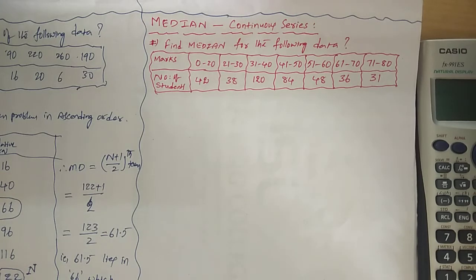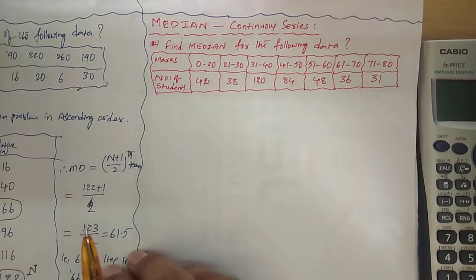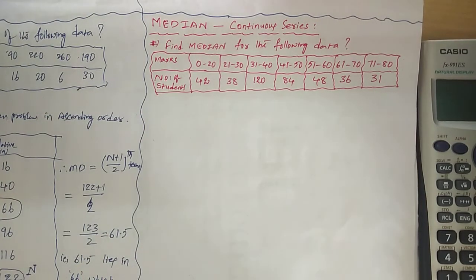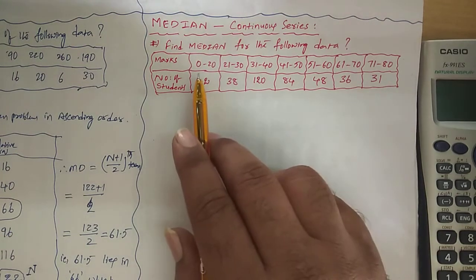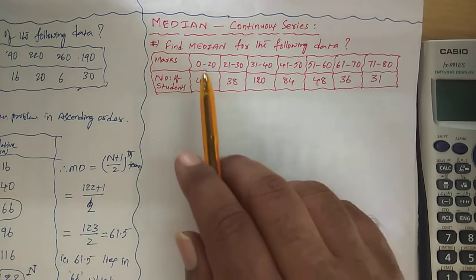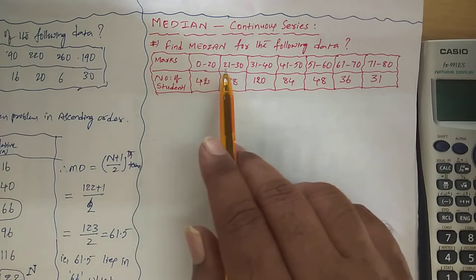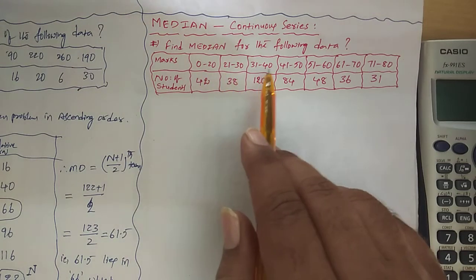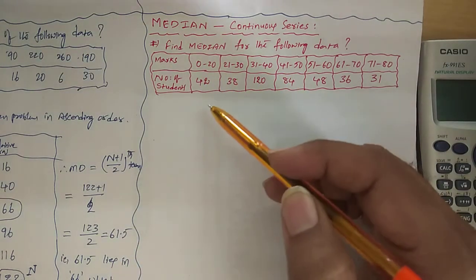Yesterday you understood, and today we go for the calculation of the median under continuous series. Now this is one example for continuous series. You know very well what you mean by continuous series. Under continuous series, you will find the variable information in terms of intervals: 0 to 20, 21 to 30, 31 to 40, 41 to 50.